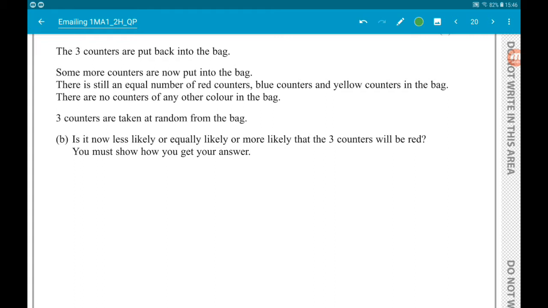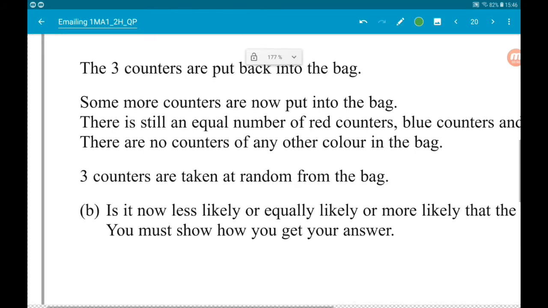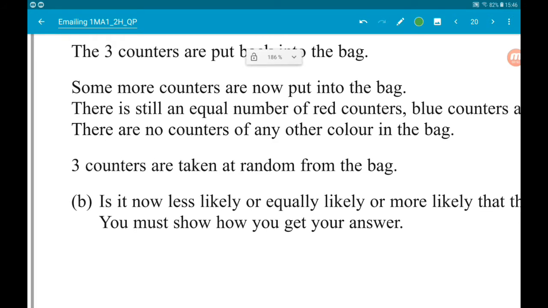So, the easiest way to do this is to add an amount of counters to the bag. So, let's say we add 1 counter of each colour to the bag.